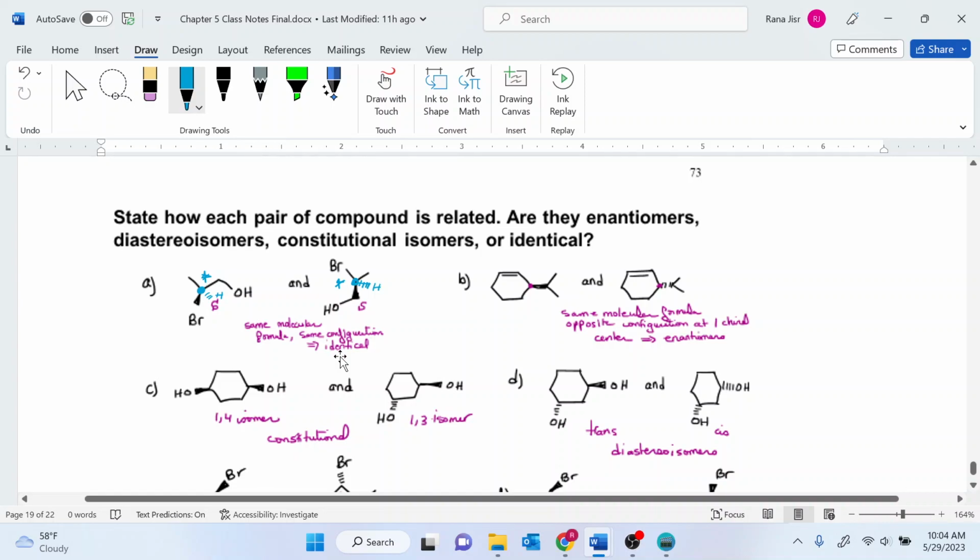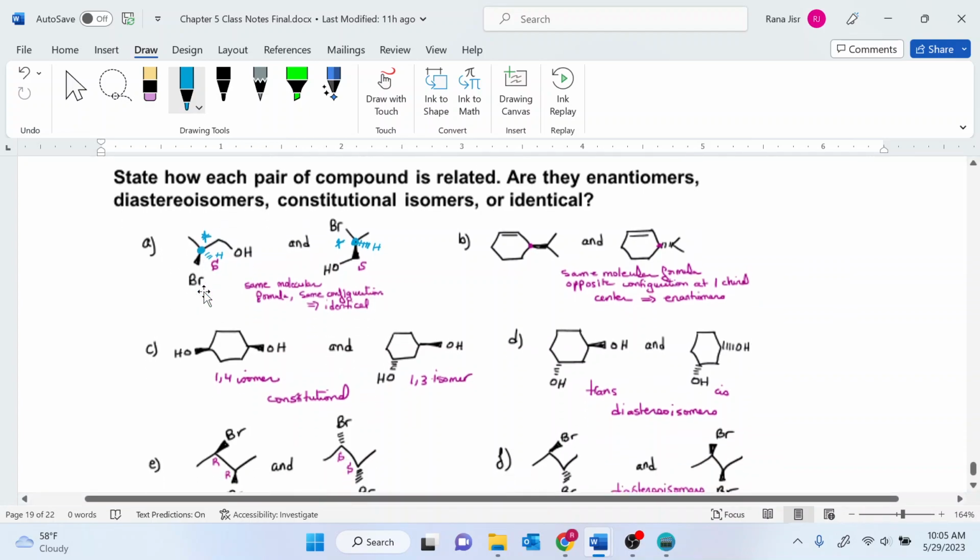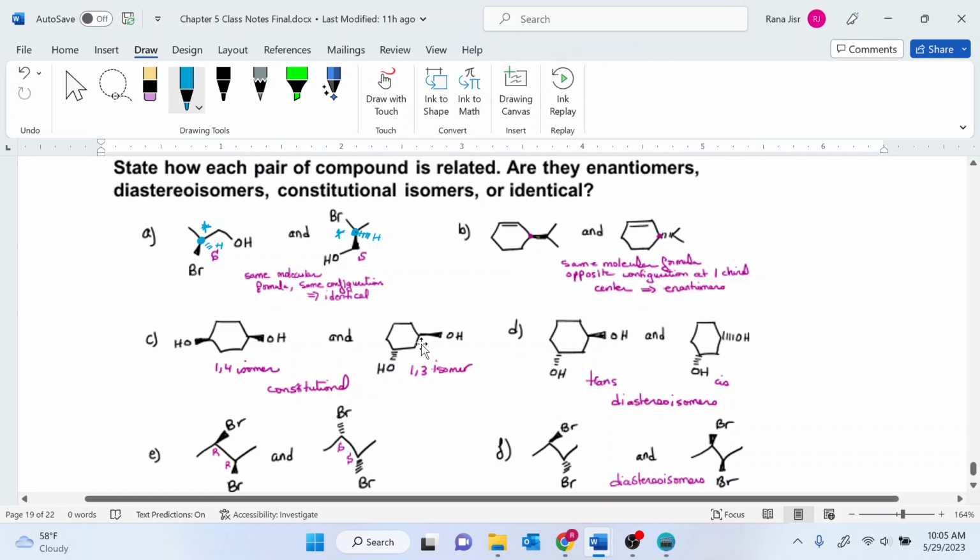But again, on one condition, that you have the same connectivity of atoms. So this is the first thing that you check, that you have the same connectivity of atoms, and then you move along and do the configuration for the chiral center. Here, it's a different connectivity of atoms because this is a 1,4 and a 1,3 isomer. So these two are going to be constitutional isomers.